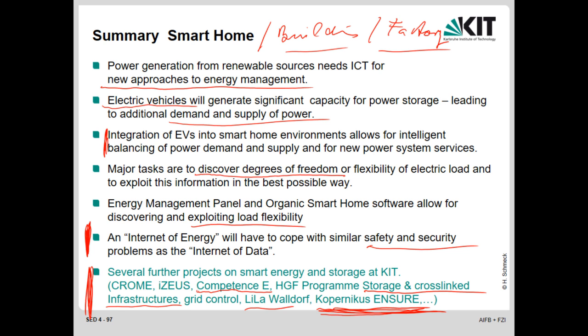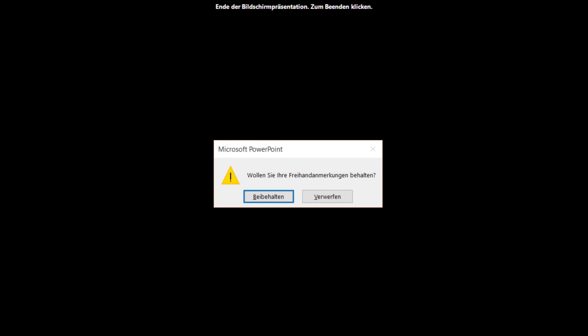So when we talk about smart home energy management, we can transport that also into other scenarios where we have larger potential for flexibility than by just looking at a fridge, for example. So a cooling house or an ice house, and some cooling houses in industrial settings have much more potential for providing flexibility than just a small fridge. Okay, that's what I wanted to tell you about smart home technologies.